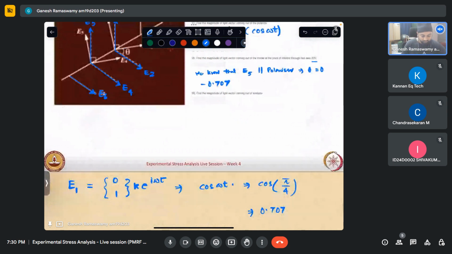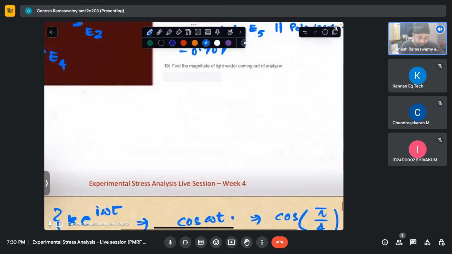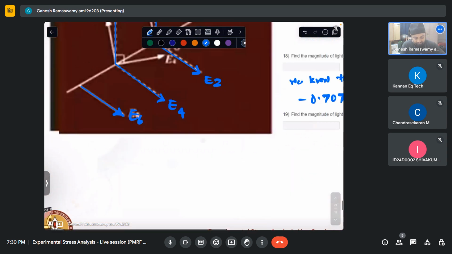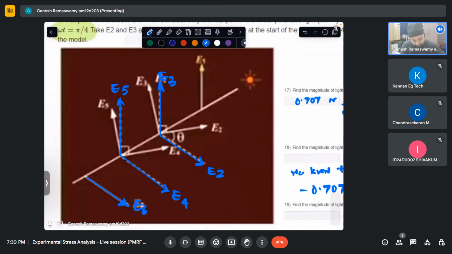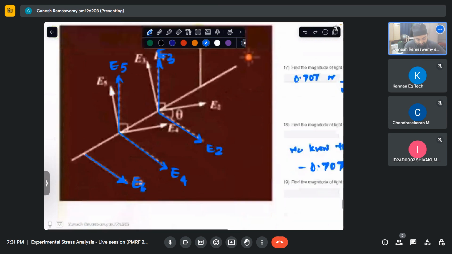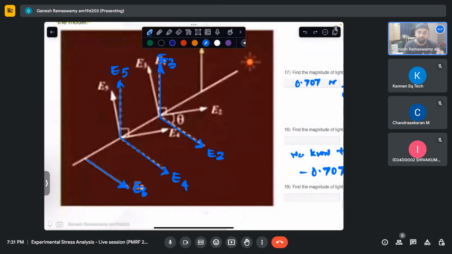Now the last question asks, what is the magnitude of the light vector coming out of the analyzer? We can clearly see here that our polarizer is kept like that. E3, E5 is parallel to the polarizer. E2, E4 is perpendicular to it. In such a case, if E5 comes out in full, then naturally E6 would have to be 0.